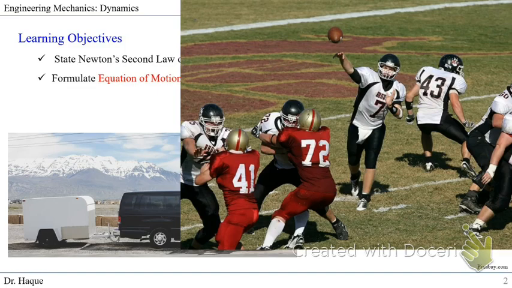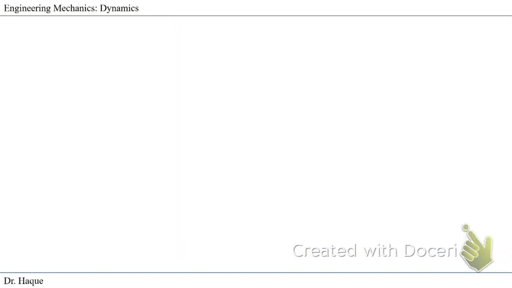So air friction is kind of an opposite force, right? If you consider all those things to solve a problem, then this is the application of kinetics of particle. So let's start our theory.